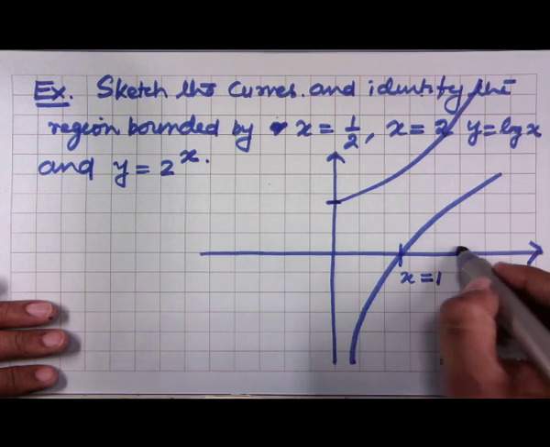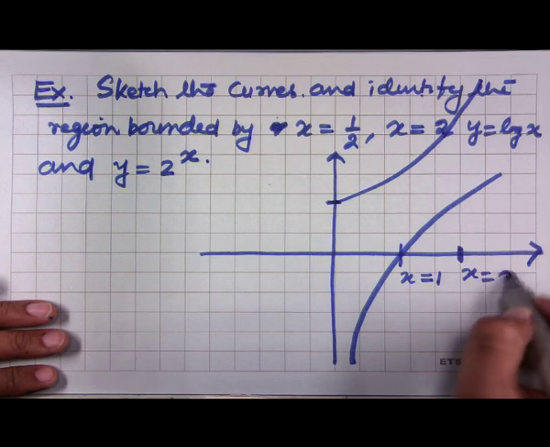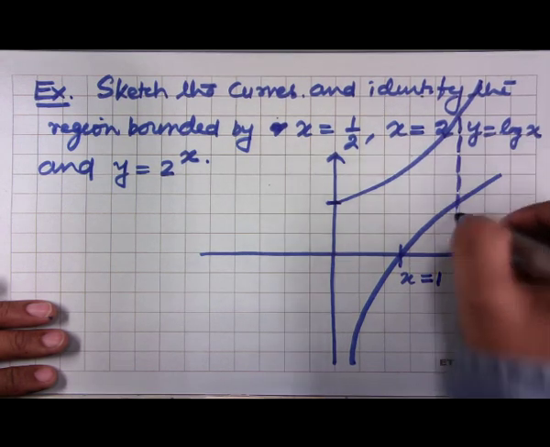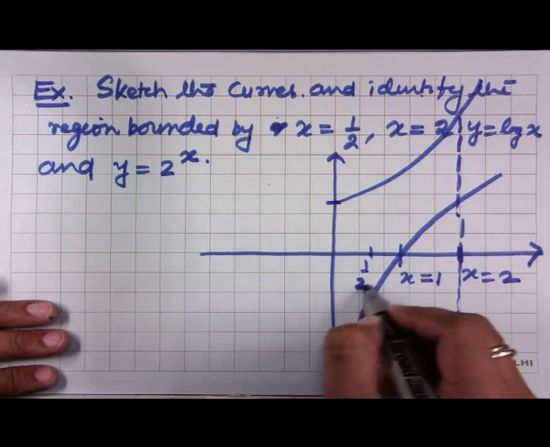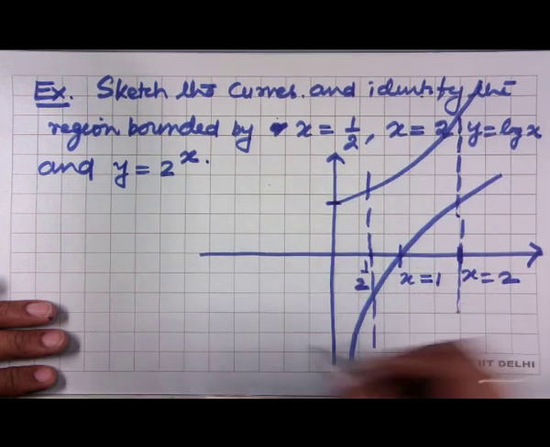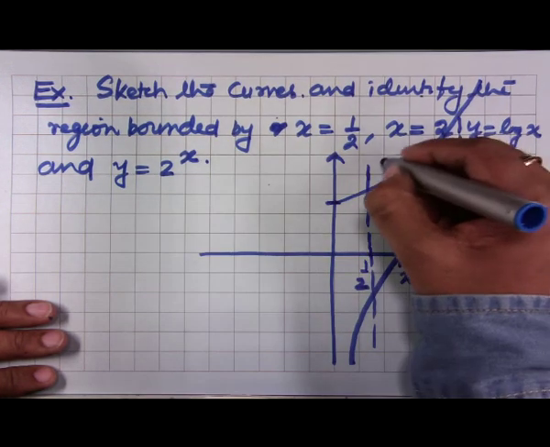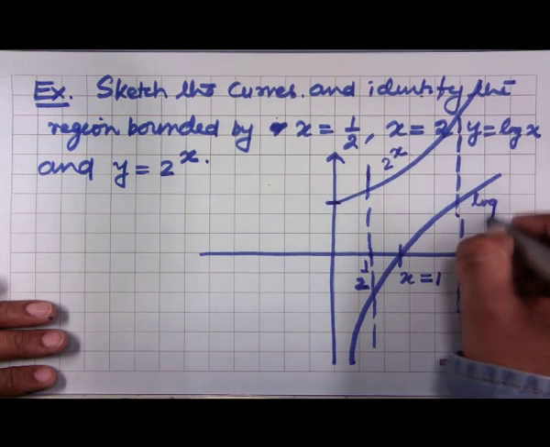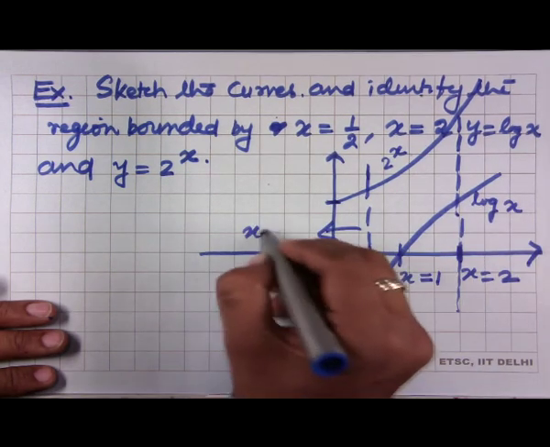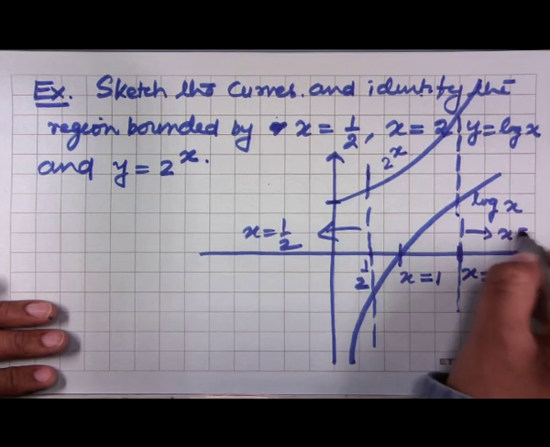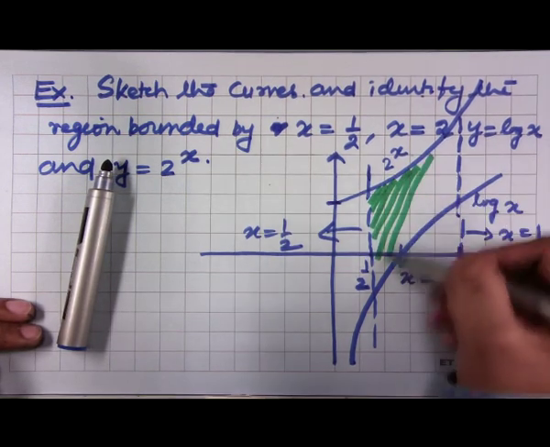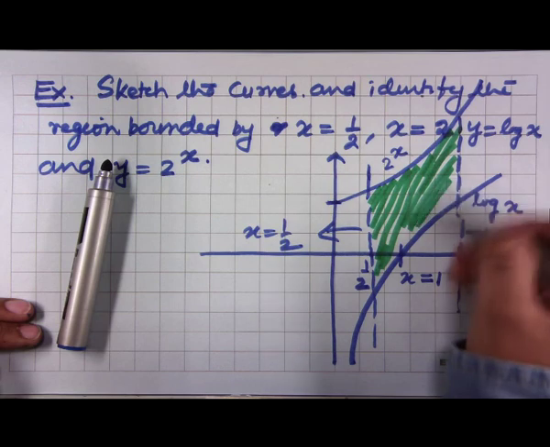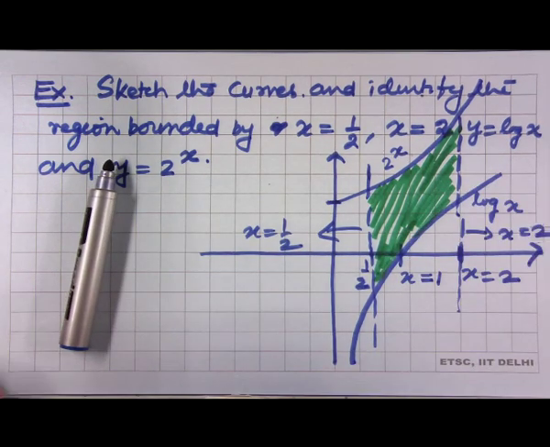So say this is x equals to 2, and x equals to half is somewhere here, so this is your half. So this curve is 2 to the power x, this is log x, this is x equals to half, and this is x equals to 2. So your region of integration is this.